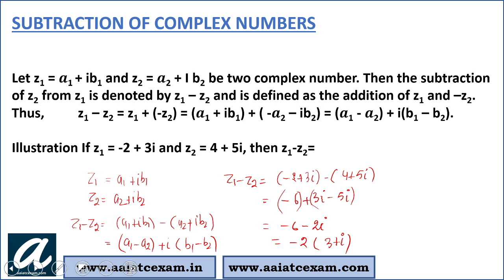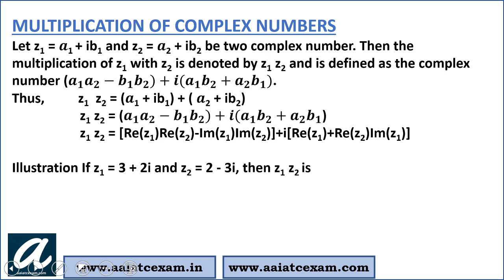Now students, let's talk about the multiplication of two complex numbers. Consider the first complex number is a1 plus iota b1 and the second complex number is a2 plus iota b2. So what is z1 z2?